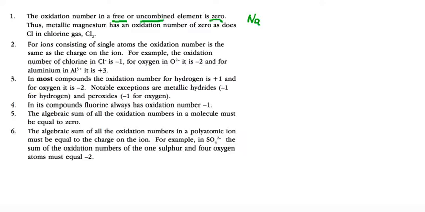They've given here, for example, magnesium, which would have an oxidation number of zero, and of course chlorine gas. If you're wondering why chlorine gas is zero when it is actually not an element but a molecule, here you have two atoms combined, because this is how it exists, what we call the standard state.